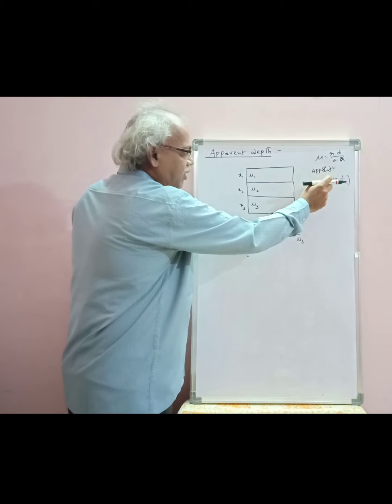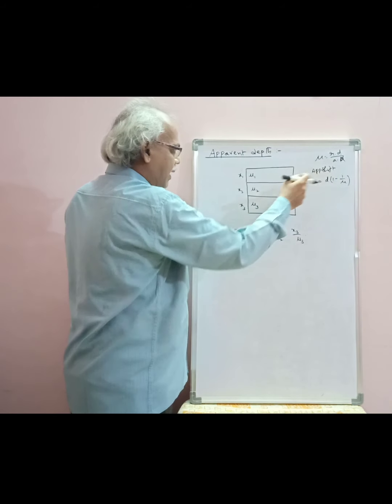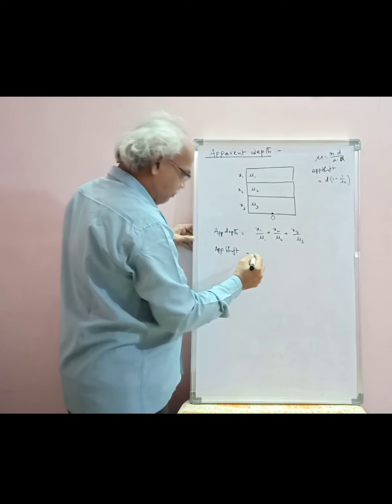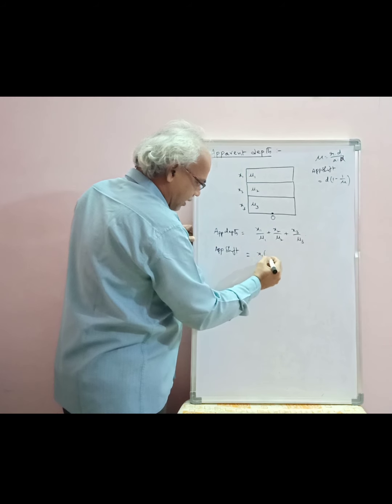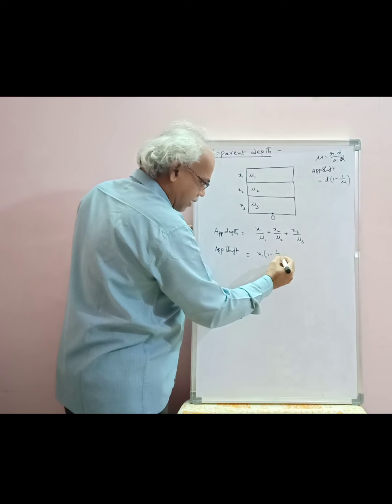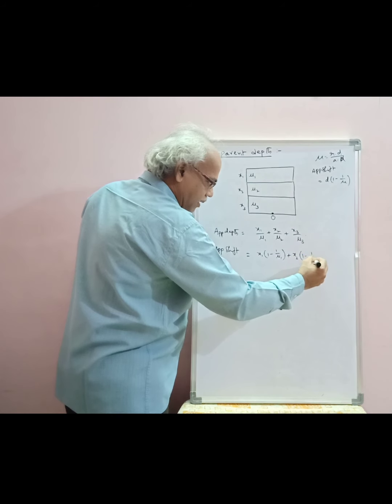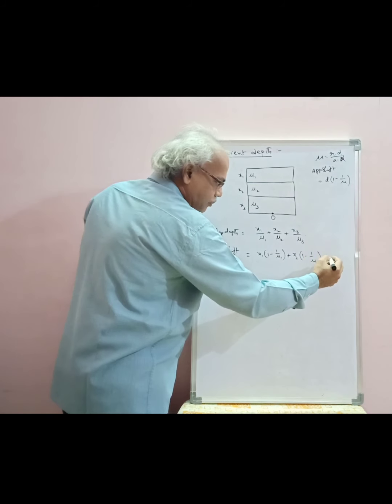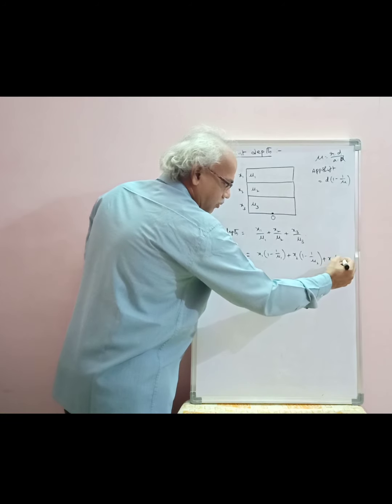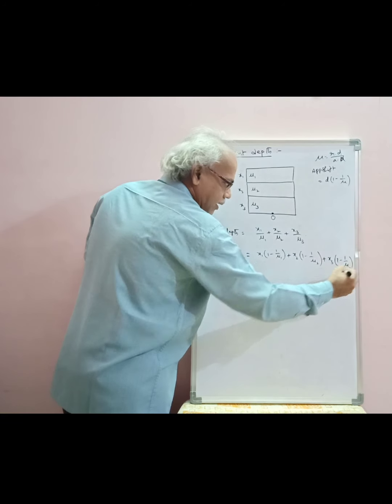So from this expression you write the apparent shift, that is say x1 into 1 minus 1 by mu1 plus x2 into 1 minus 1 by mu2 plus x3 into 1 minus 1 by mu3.